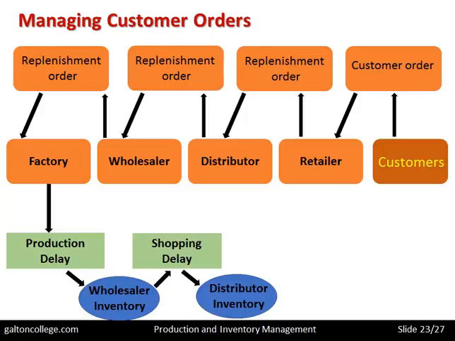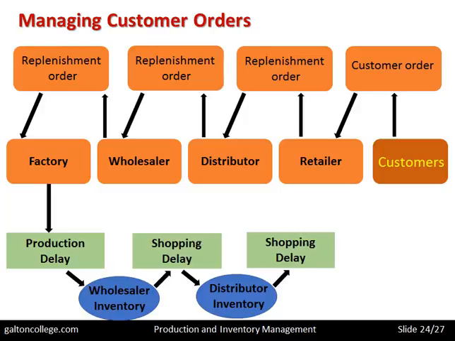There's also a delay between the retailer and the distributor. The retailer just doesn't sell some items to the customer and immediately place the order with the distributor. The retailer will start to run down the supplies in the shop. When the supplies in the shop reach a critical level, at that stage the distributor will receive an order. So there is a shopping delay as well, which needs to be taken into account.